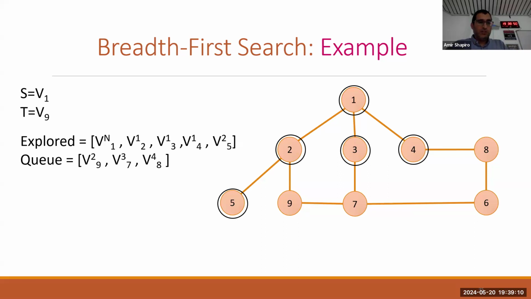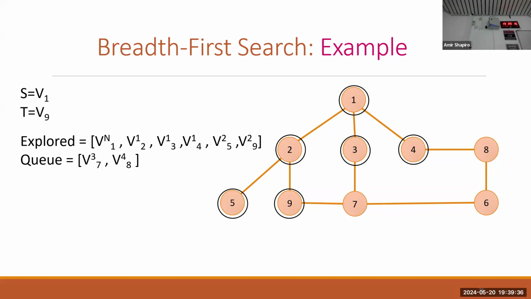And we continue. The next one will be 9 with a back pointer to 2. So we go to 9 with a back pointer to 2. And now 9 is the target. So we finish.